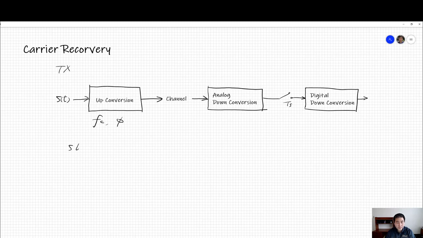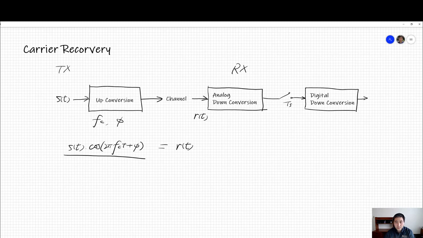The signal will be given by s(t) times cosine of 2 pi fc t plus phi. The signal goes through the channel and is received at the receiver side as a signal r(t). Suppose the channel is ideal. There is unit channel gain and no interference. Therefore, r(t) is equal to this transmitted signal.